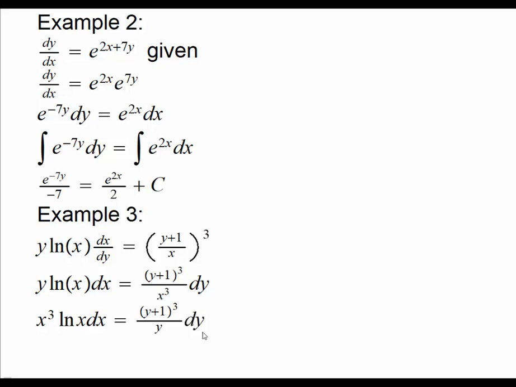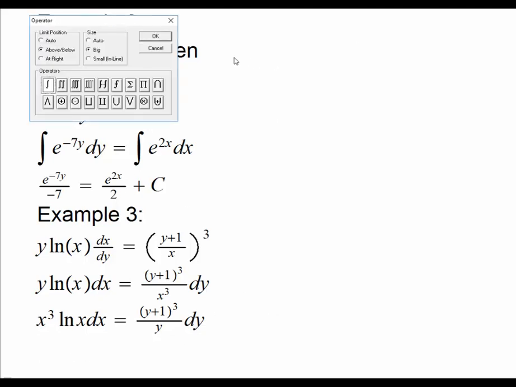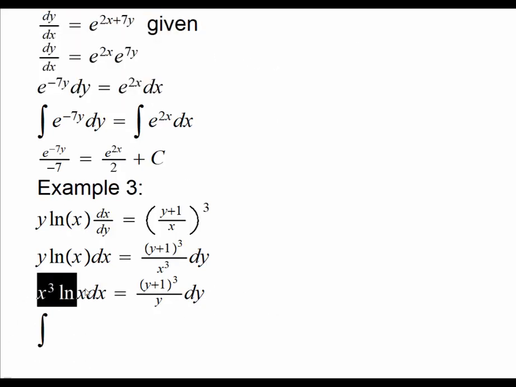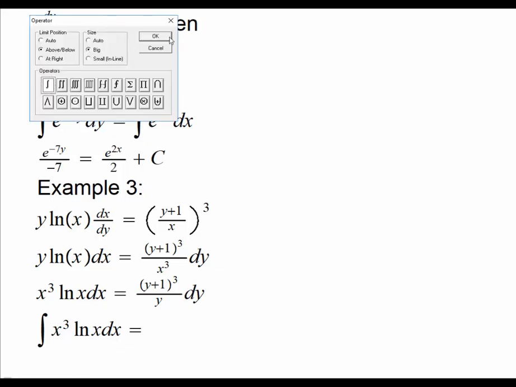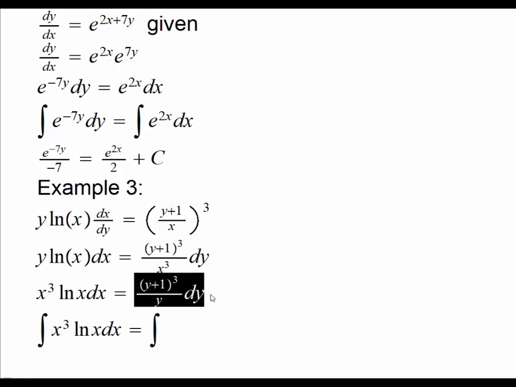Now we will integrate the two sides. If we integrate the left hand side, we take the integral of this portion, and for the right hand side, that of this portion.